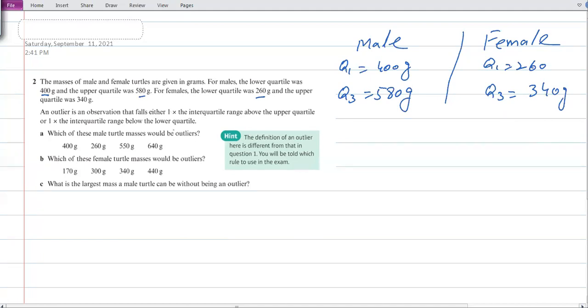This time the definition is changed. Usually it is 1.5 times the interquartile range above Q3 or below Q1.